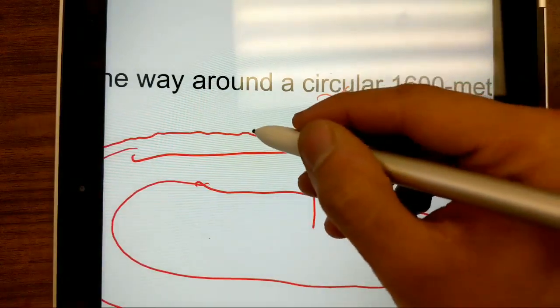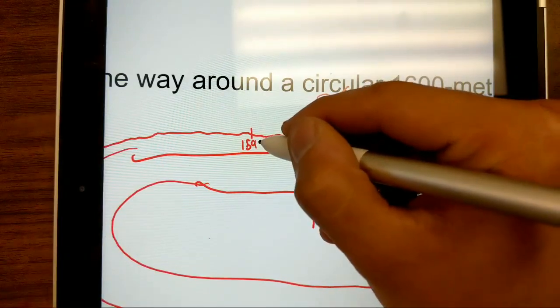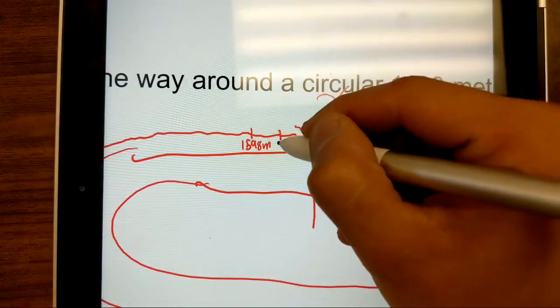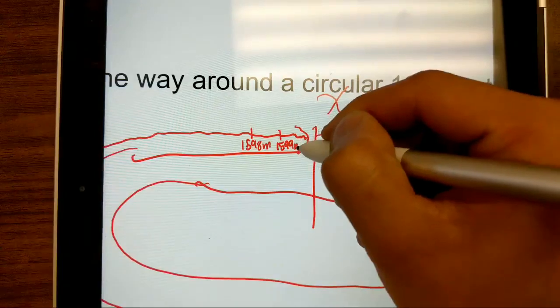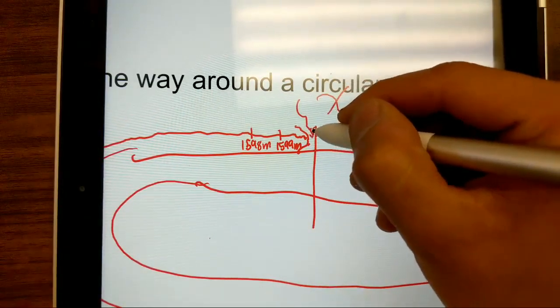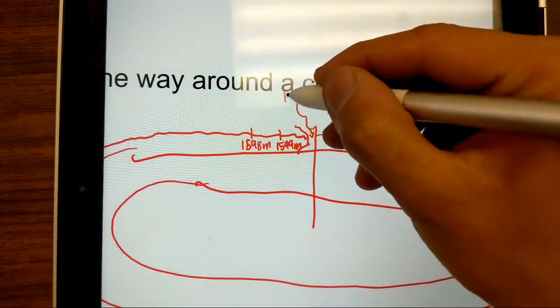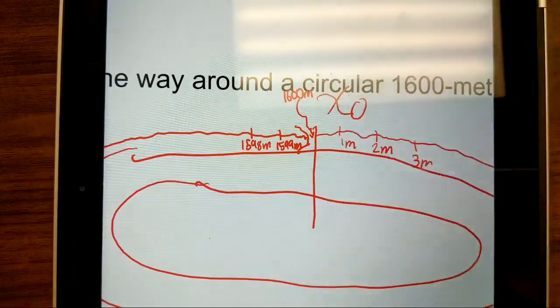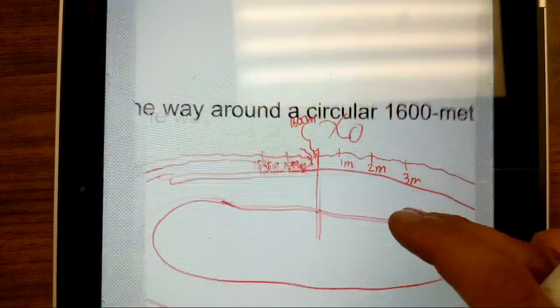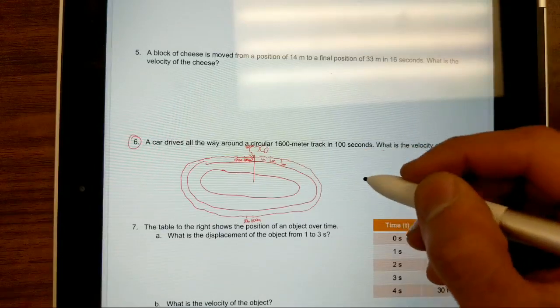Keep going, till I get over here. 1598 meters, 1599 meters, and then right at this point, just before you touch, you are at a displacement of 1600 meters from where you started.